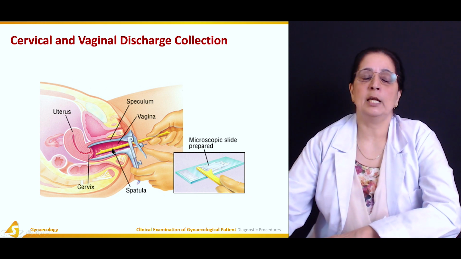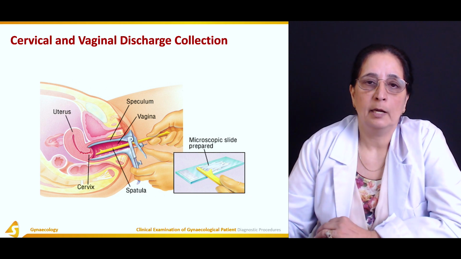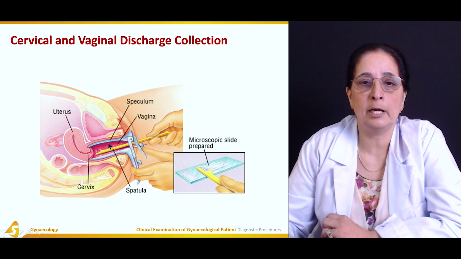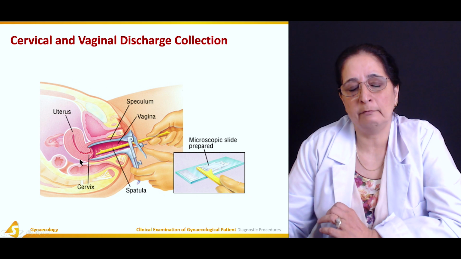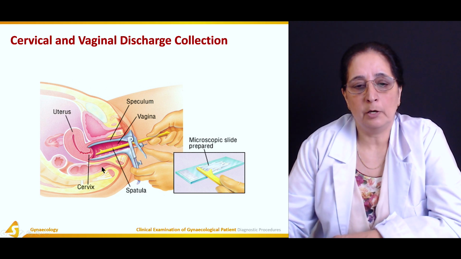Another thing which we can use is called the cervical brush, a soft brush that is used for the endocervical region, because the endocervix is a very vascular area, so it's better not to use the wooden spatula on the endocervix.